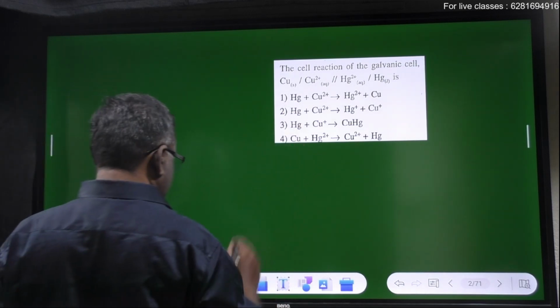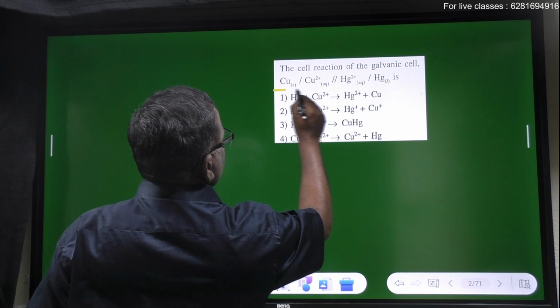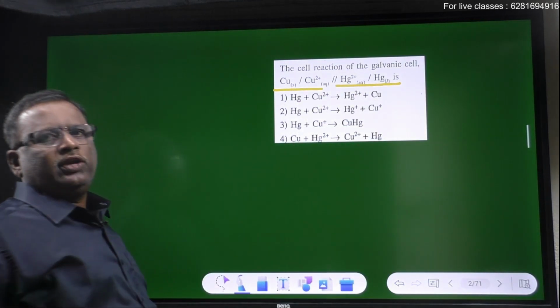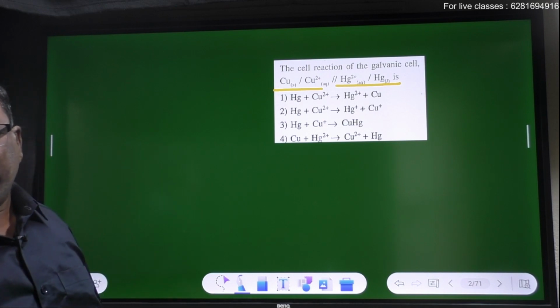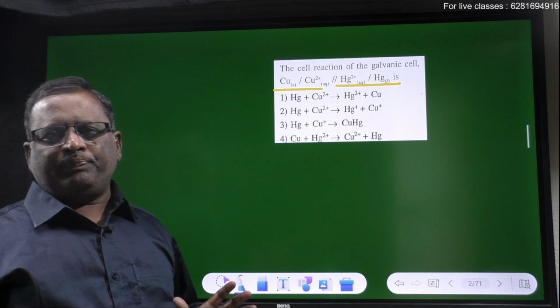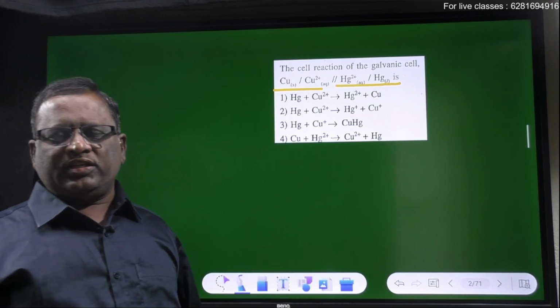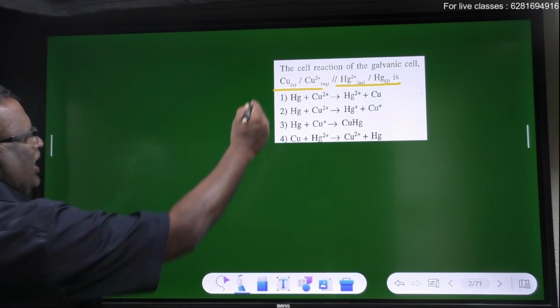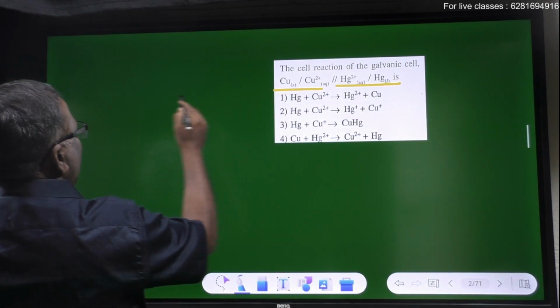So here they gave us a galvanic cell. This is said to be a cell notation. Any galvanic cell is represented with a cell notation. In this cell notation, the thing you have to remember is that the left side represents the anode.